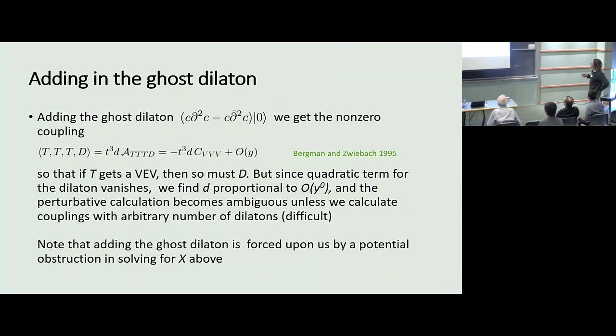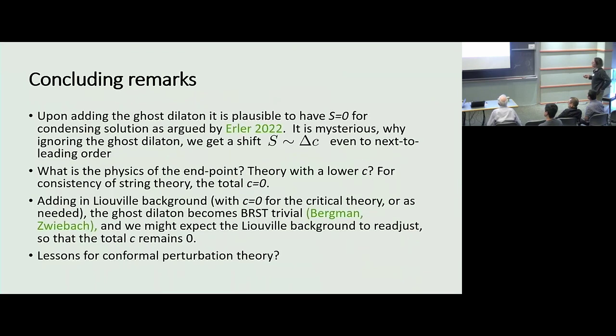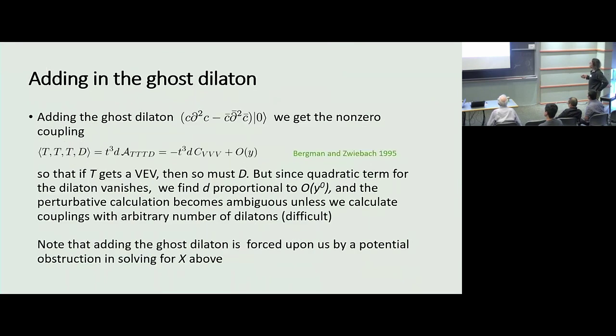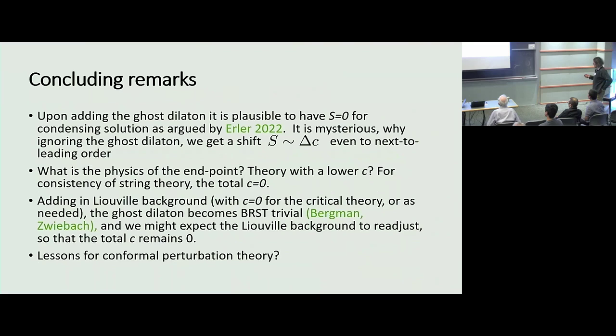So the dilaton gets an expectation value, and things get bad. So they are not so much under control. And that's the reason why they use the linear dilaton, where essentially the ghost dilaton can be ignored.